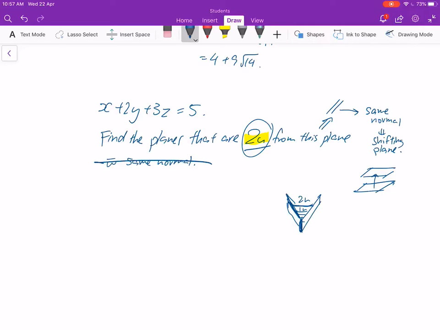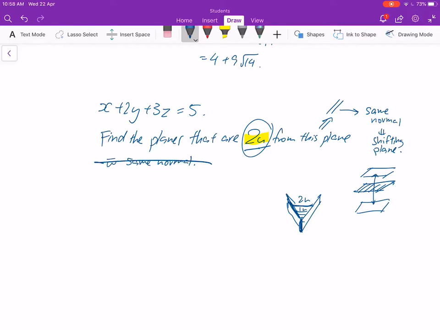Okay, the only caveat is 2 units from this plane does not mean shift 2 units in the normal. It can also mean shift 2 units in the negative normal, which is the opposite direction. Then the original one will be sandwiched in between 2 planes. So there can be 2 answers. Can there be more than 2 planes? No, not possible already. You can just try.